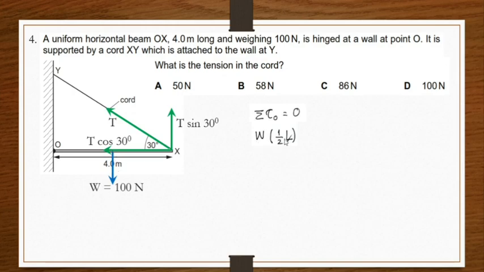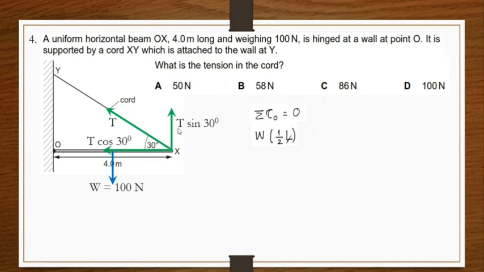So weight times a half L, and then we can see that we have T times the cosine of 30 and T times the sine of 30, but T times the cosine of 30 will go through the axis of rotation, so it will not create any torque on the system.